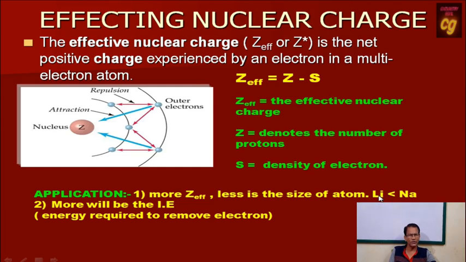That means lithium is smaller, because the Z effective of lithium is more compared to sodium. When we move from lithium to sodium, new electrons are added in between the outermost shell and nucleus. These added electrons oppose the attraction between the nucleus and the outermost electron.